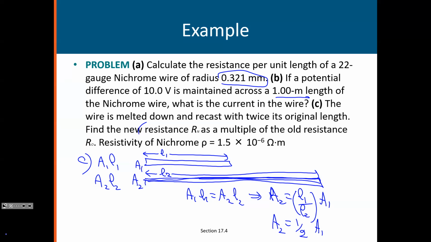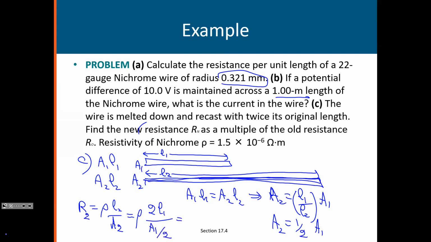Well, that's not what we want. I want the resistance. Now let me go to the resistance, the new resistance expressed in terms of the old resistance. Resistance is rho L over A. So new resistance R2 will be equal to rho L2 divided by A2. L2 is 2 times L1 and A2 is A1 divided by 2.